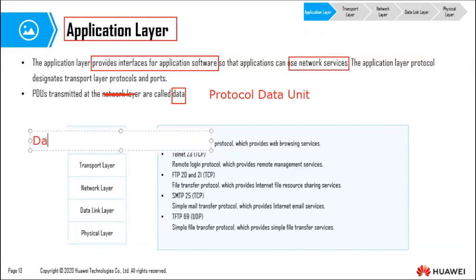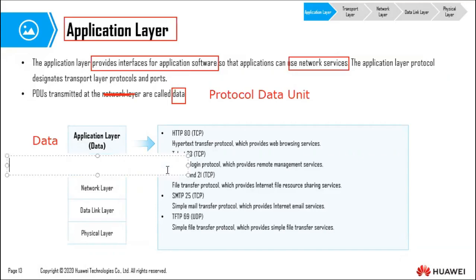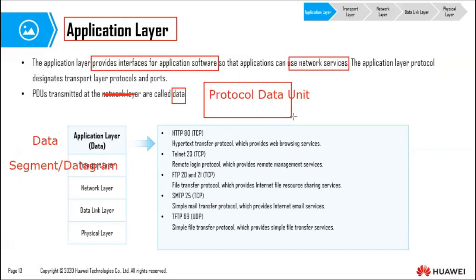So the PDU, as you've heard here, will be called data. When it comes to the transport layer, it will either be called a segment if we are using TCP, or a datagram if we are using UDP. What is the full form of PDU? Protocol data unit.